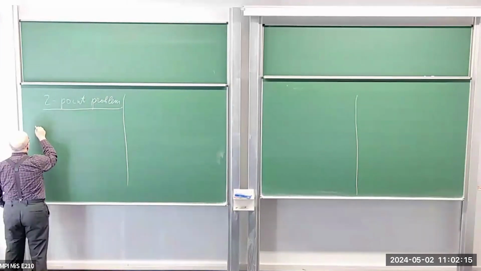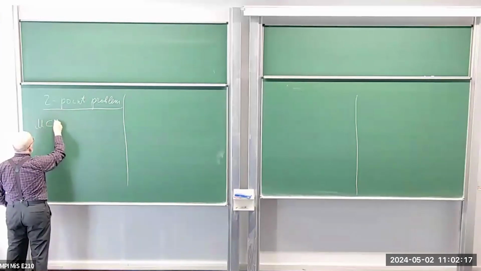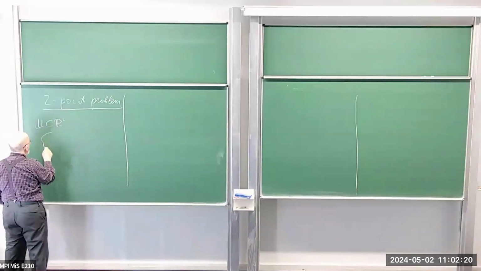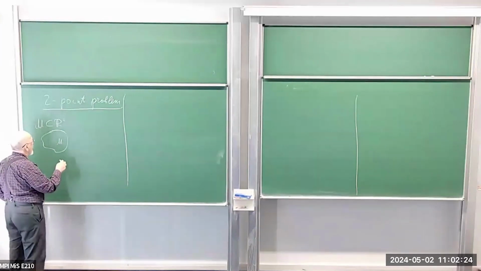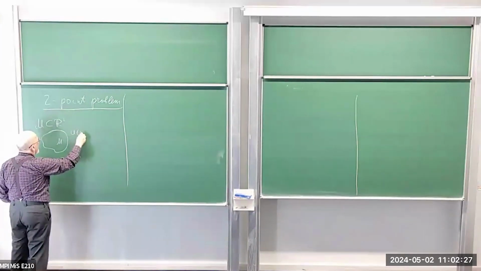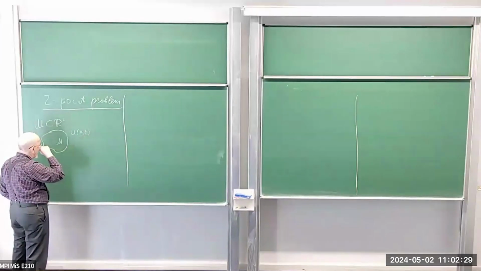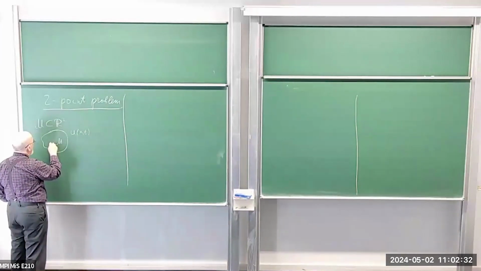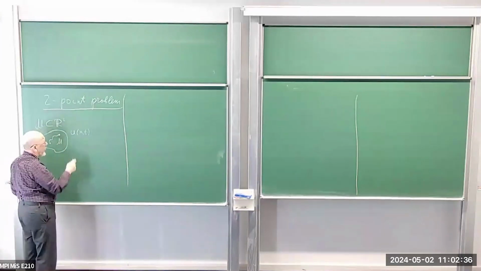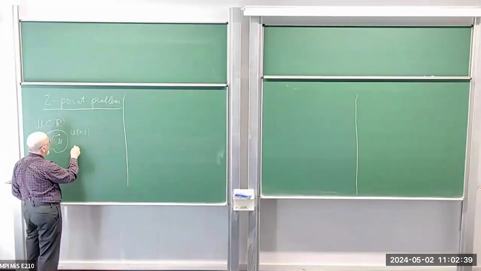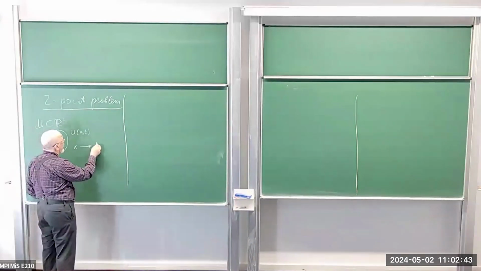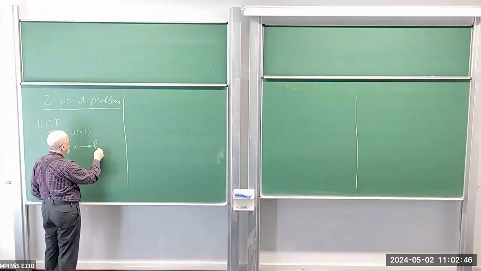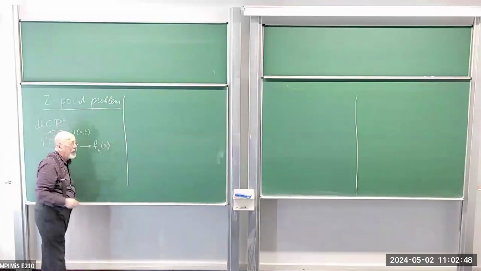The domain M, the plane, and you have velocity v at t, and we follow the trajectories of the particles. So if the particle was initially at the point x, then at the time t, it's at the point f_t of x.